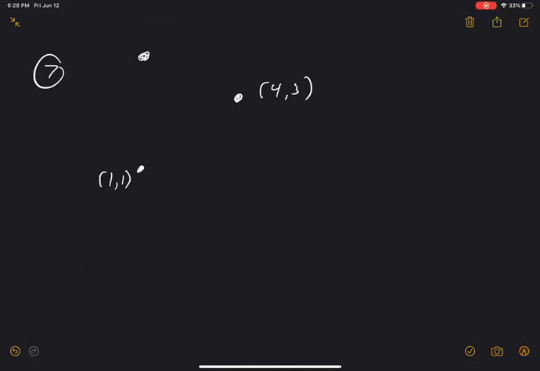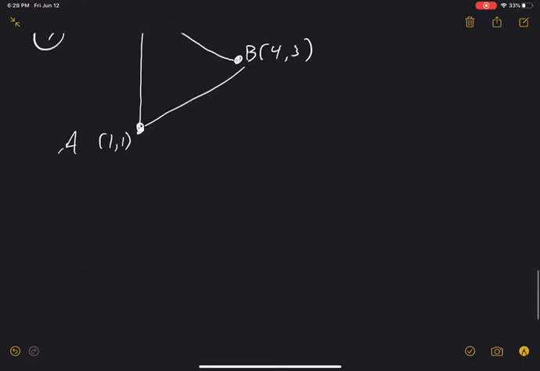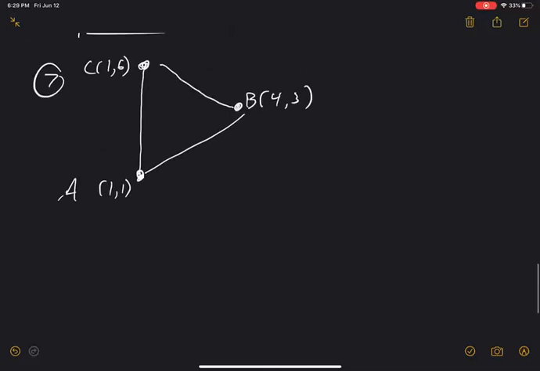And then they want the parametric equations for each of these line segments. So they ask, what are the parametric equations from A to B? How can we write this line from A to B in terms of x equals, y equals?